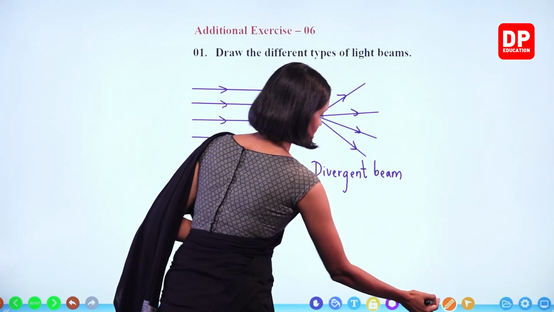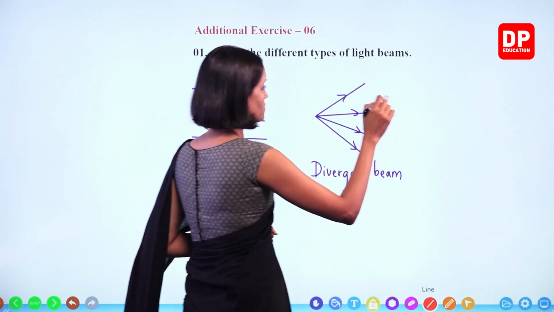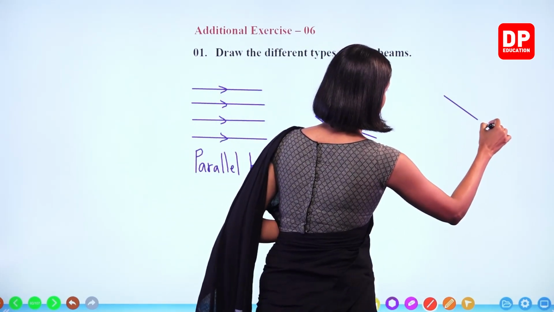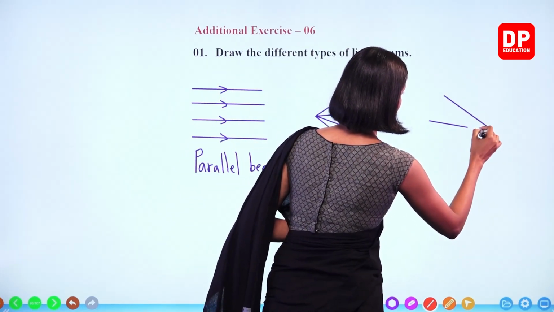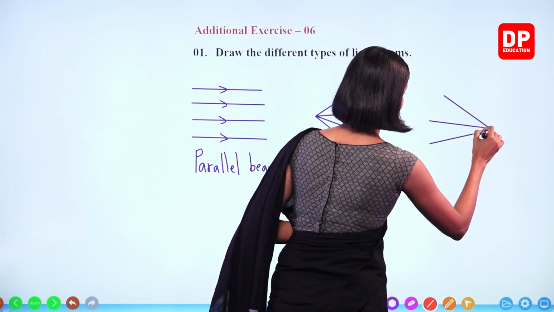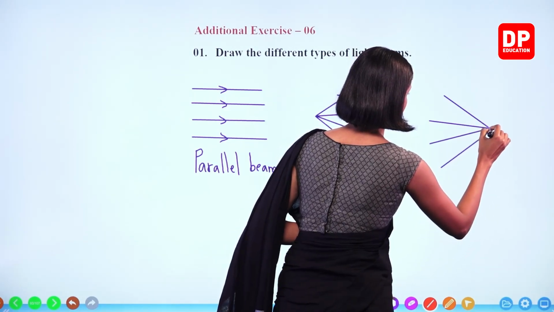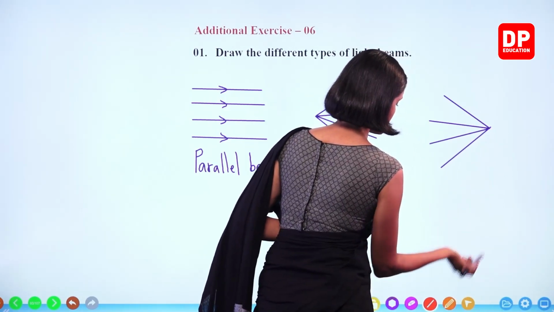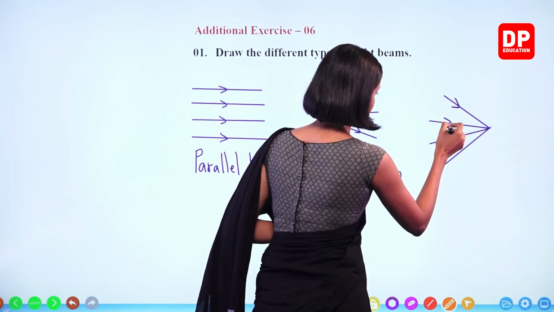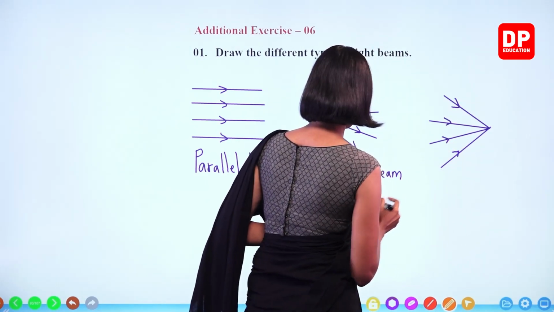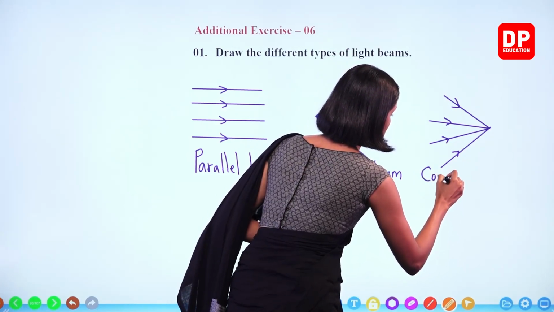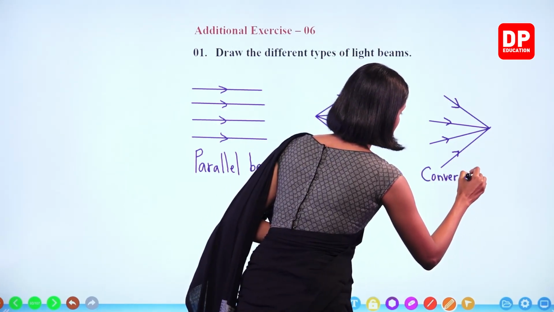And finally, convergent beam. Coming from different directions, light rays gather or collect at the same point. Straight lines and arrowheads again. Convergent beam.